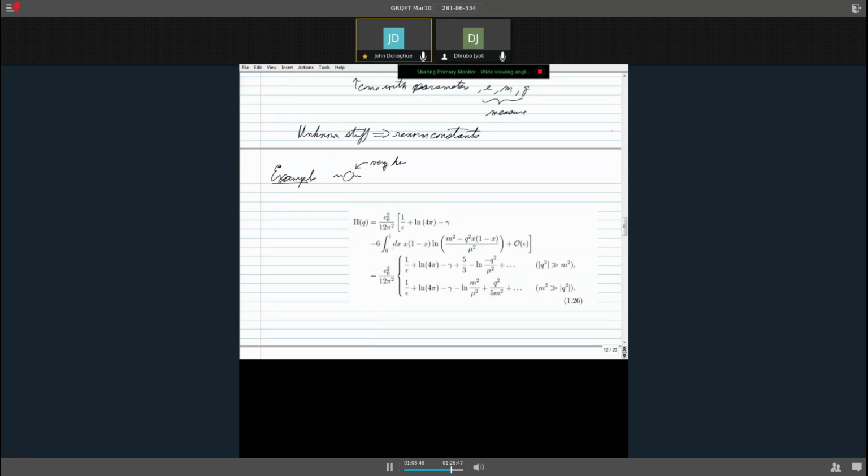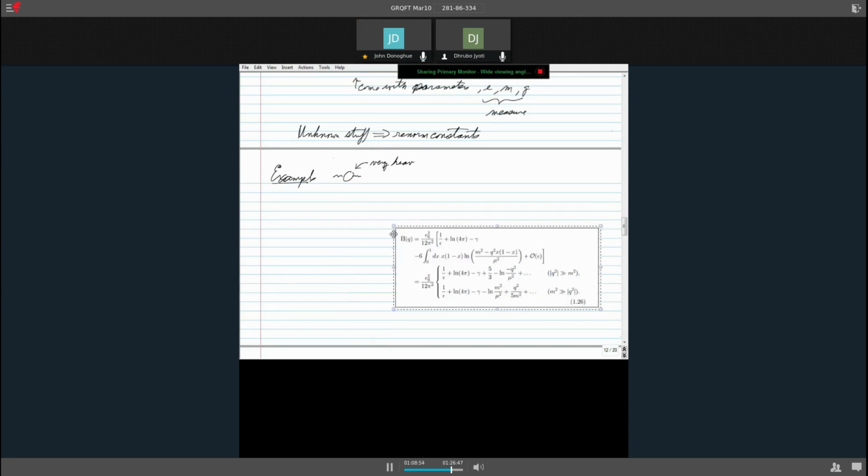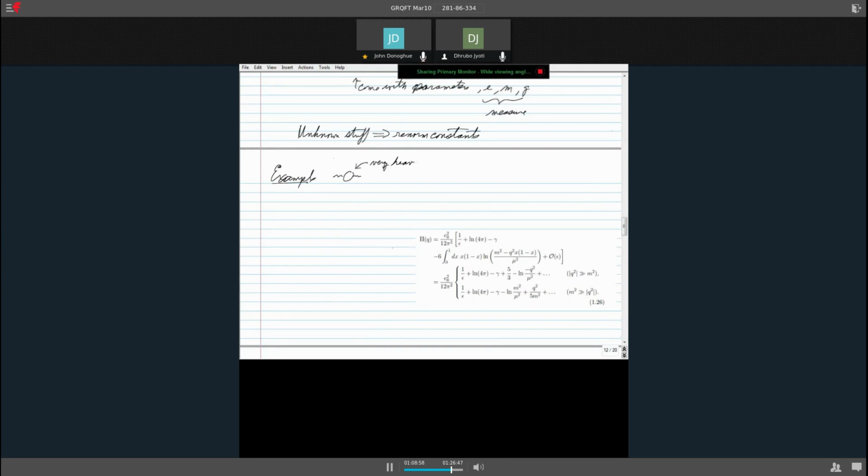Like the electric charge, the mass, any coupling constant. And you end up having to go out and measure these. And so the unknown stuff goes into renormalization constants.